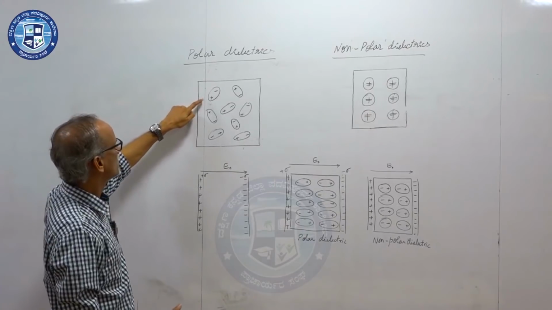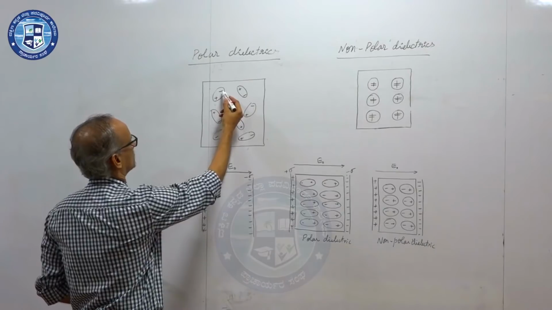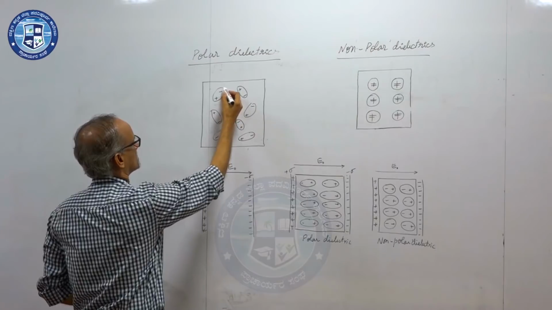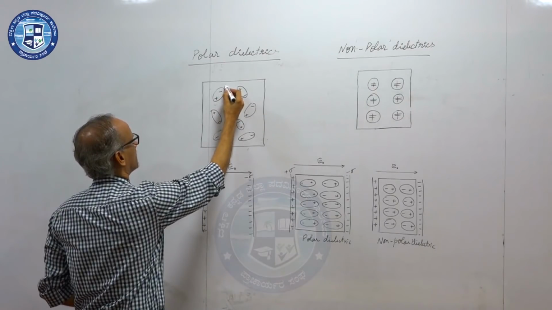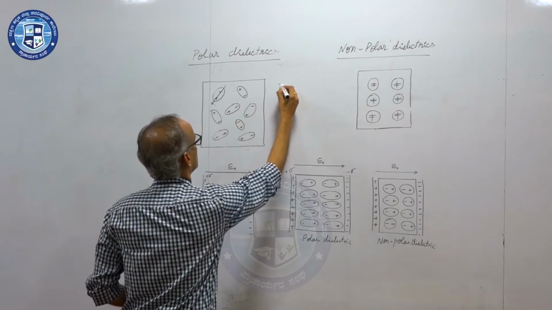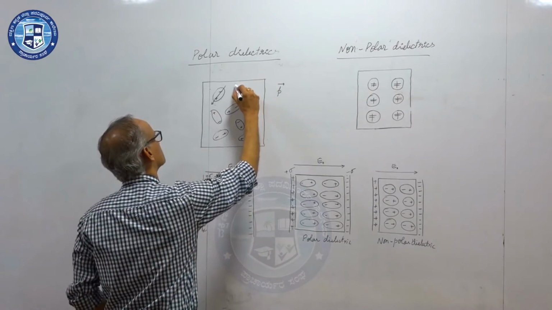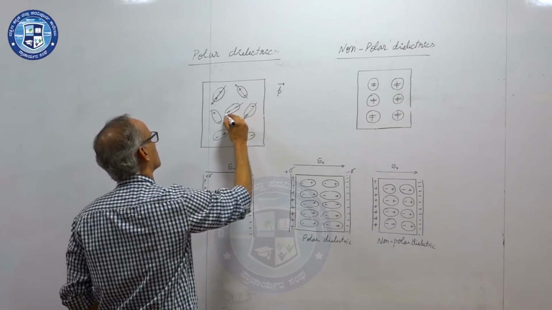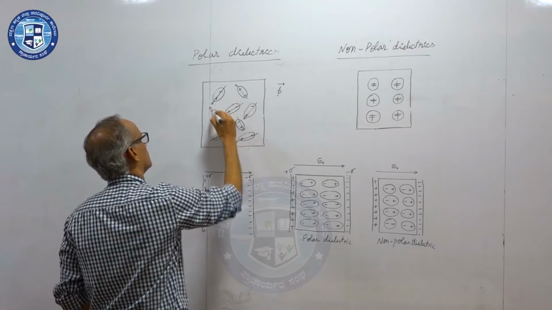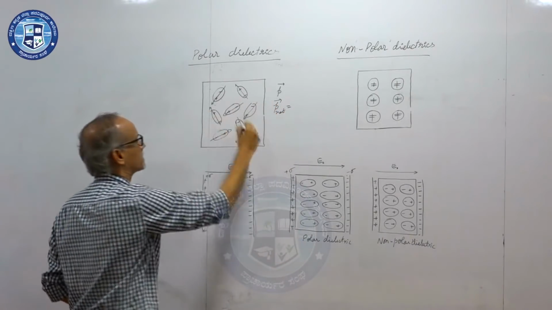Now, when we consider one molecule of a polar dielectric, since the centers of the charges do not coincide, every molecule possesses a dipole moment which is directed from negative to positive. So, let P be the dipole moment of every molecule, directed from negative to positive. What is the net dipole moment of this entire dielectric?